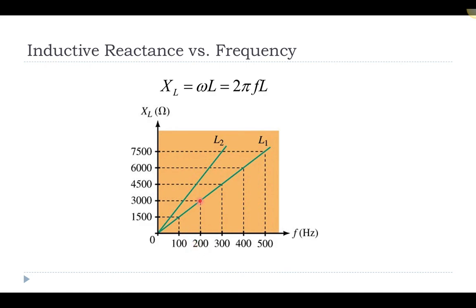And this inductor here is resisting and has a reactance of 3,000, but this other inductor, if I go up and I follow it, has a reactance that is much larger. So L2 in this picture has a larger inductance than L1, and it's going to create a larger resistance to the flow of electricity in the circuit.